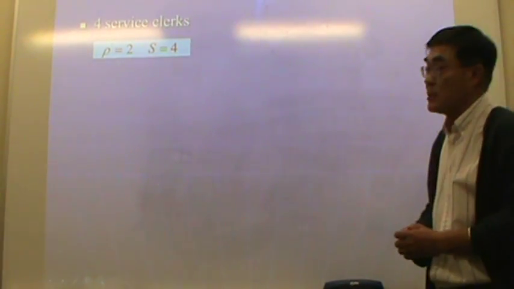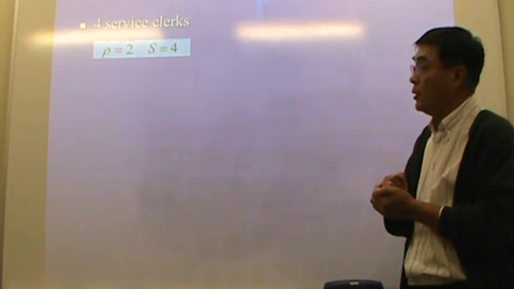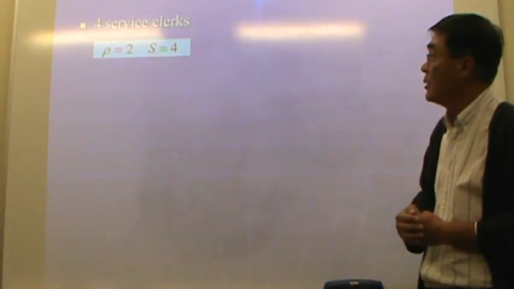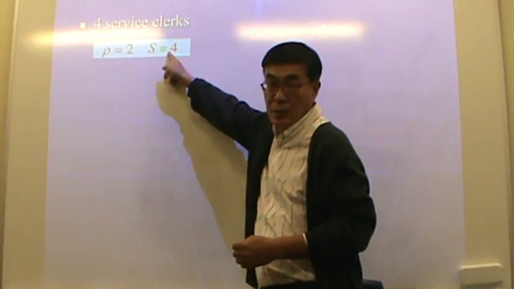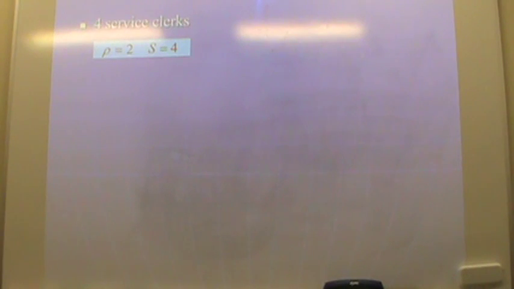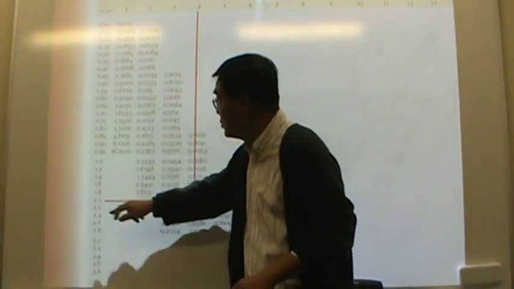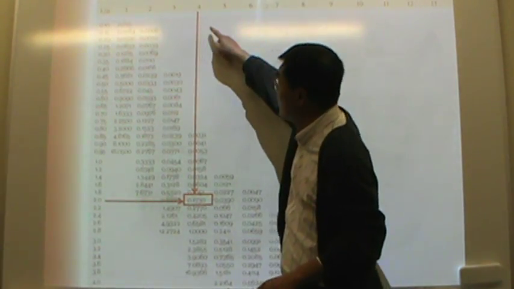Then if we hire one more service clerk or employee or open one more cash register, then the number of servers is 4 and the utilization rate remains 2. So utilization rate is 2 and the number of servers is 4.